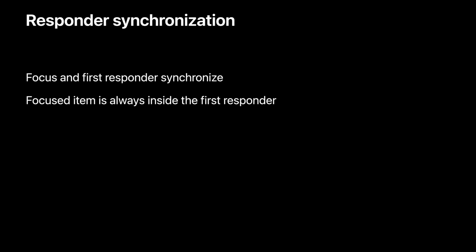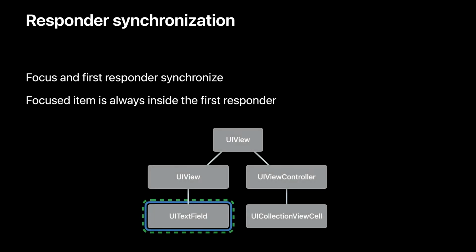Since both the responder chain and the focus system are dealing with keyboard input, UIKit synchronizes these systems as much as possible to make sure the focused item is always inside the first responder or is the first responder itself. Let's look at a simplified view hierarchy with a text field and a collection view cell. Currently, the text field is focused, indicated by the solid ring, and it is also the first responder, indicated by the dashed ring.